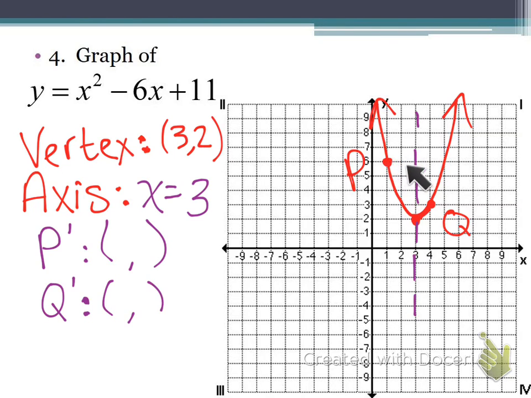We go 1, 2 spaces over. So we need to go 2 more spaces, continuing on in the other direction. 1, 2, and that's where our point should be for P prime. What are the coordinates of that point? 5, 6. I would agree with that. So P prime is going to be at 5, 6.